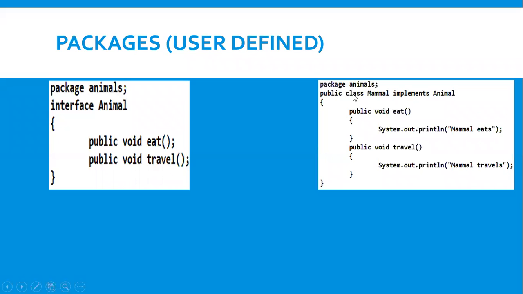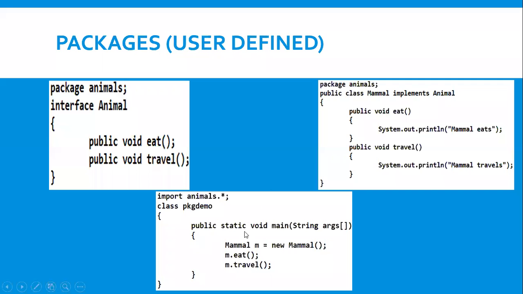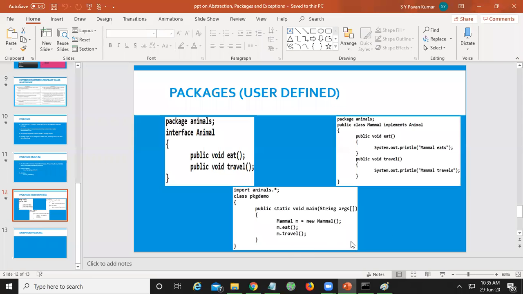These methods are implemented in the mammal child class. To test this, we use a main method like this: import animals.*, class package demo, public static void main. Let us see one sample program execution.